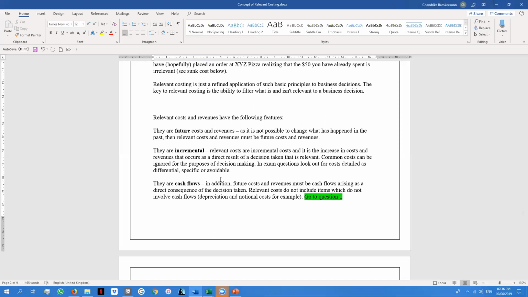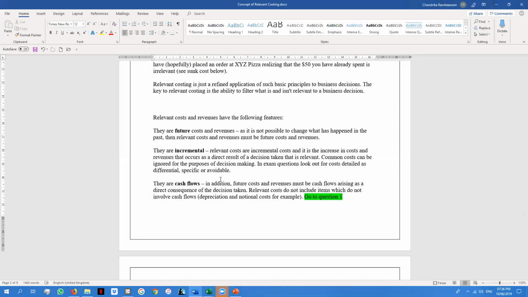Thirdly, there are cash flows. In addition, future costs and revenues must be cash flows, arising as a direct consequence of the decision. Relevant costs do not include items which do not involve cash flows, depreciation and notional costs, for example.